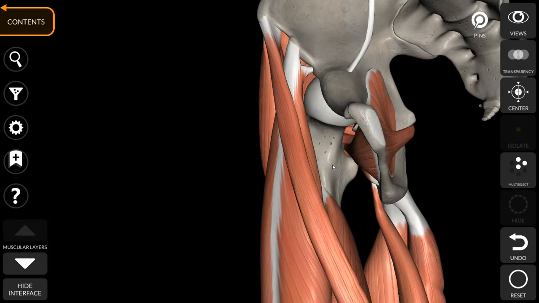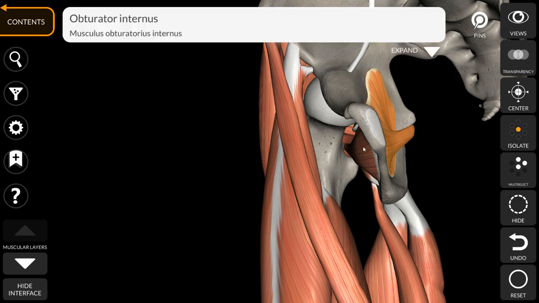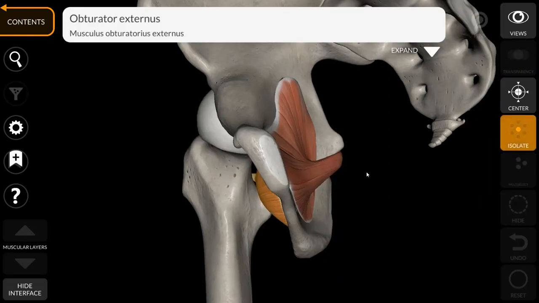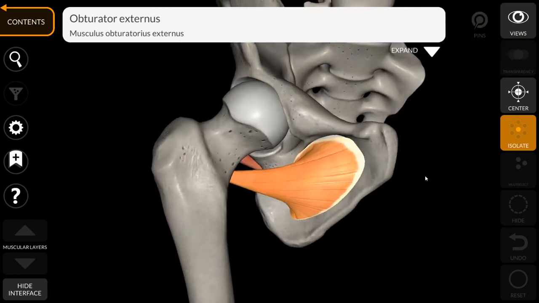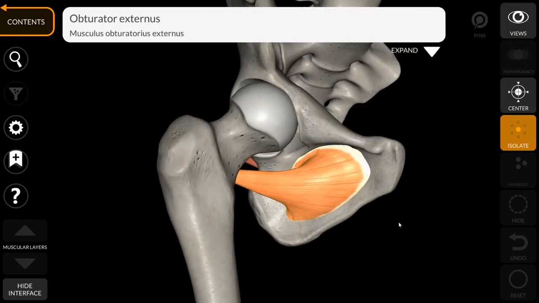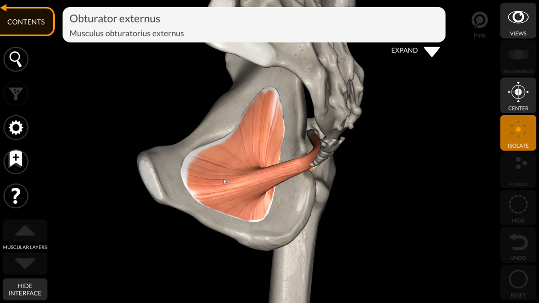Can you see, class, side by side? This is the outer surface, this is the inner surface. So this is obturator internus and this is obturator externus. Okay, clear, class?